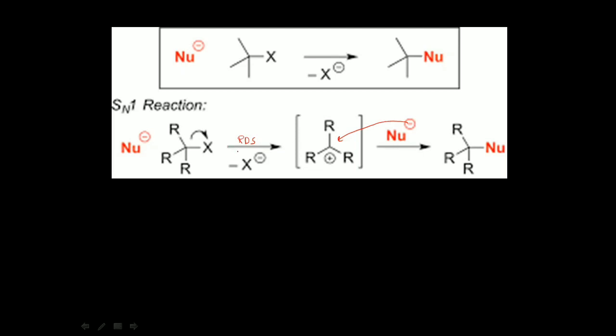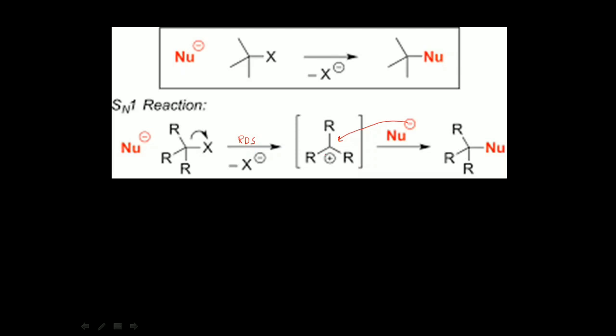Now here, the dissociation of the alkyl halide is a slow step, and the overall rate of the SN1 reaction depends on this step only. The alkyl halides which can produce a stable carbocation are readily involved in SN1 reactions. I am repeating again: the alkyl halides which can produce a stable cation are readily involved in a unimolecular nucleophilic substitution reaction, because the intermediate is a carbocation.